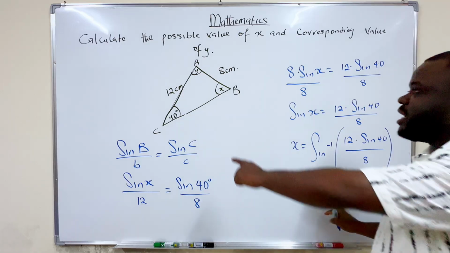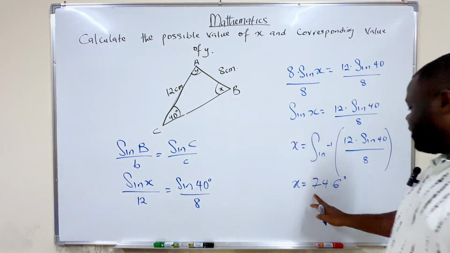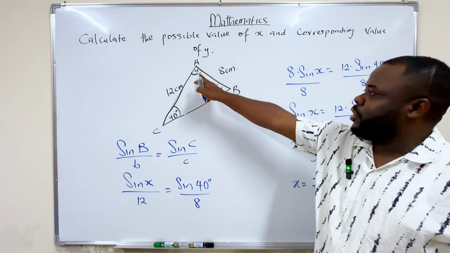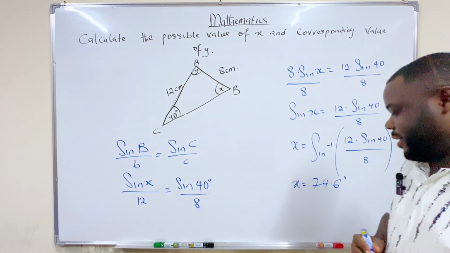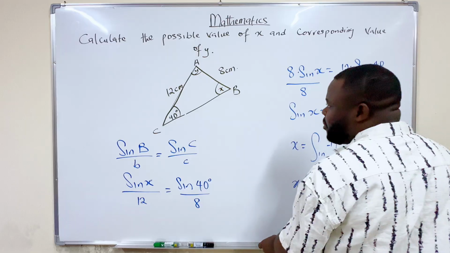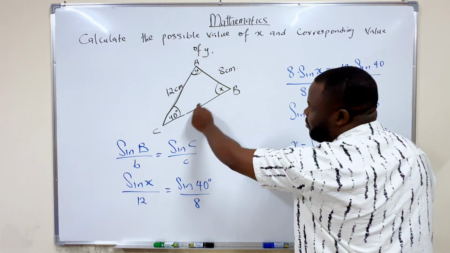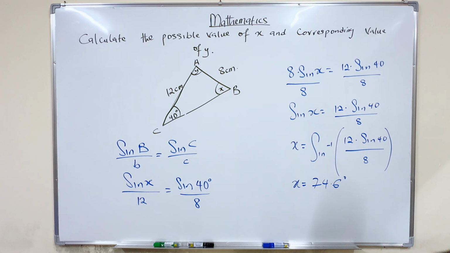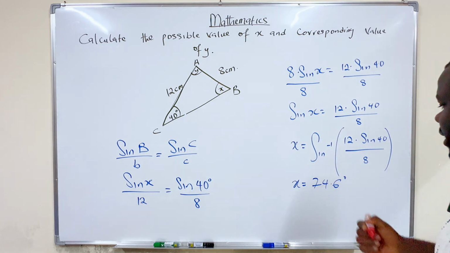Okay, so what it's now telling us is that this angle is 74.6. So how are we going to get our angle y? If we know this angle, this will be easy, simply using the sum of angles in a triangle, which is 180.